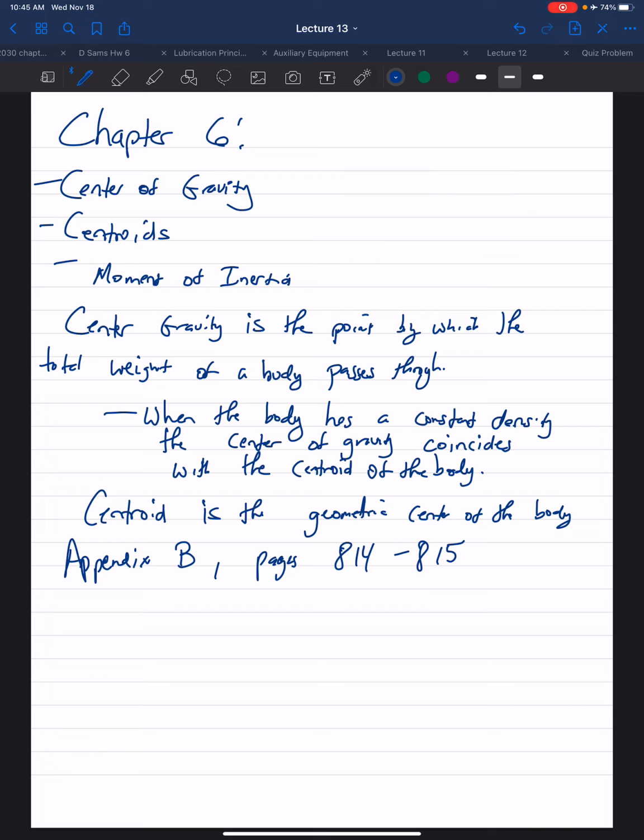For example, the centroid of a rectangle, as we've covered previously, is in the center, middle of the rectangle. So take a look at Appendix B. Likewise, same for a circle.